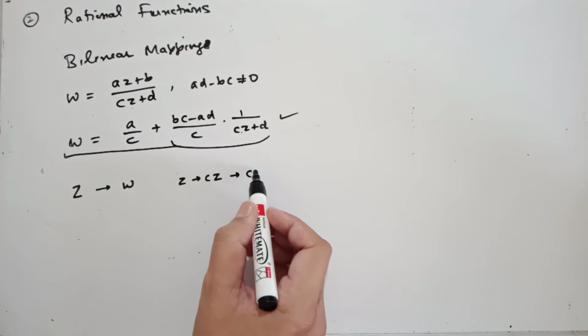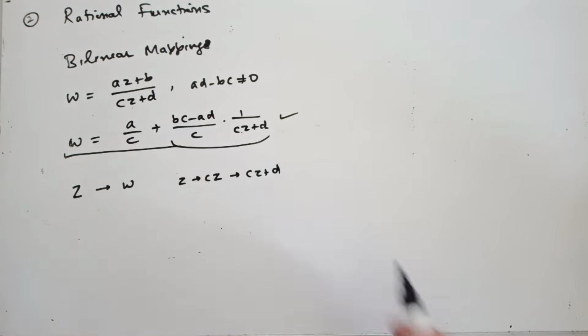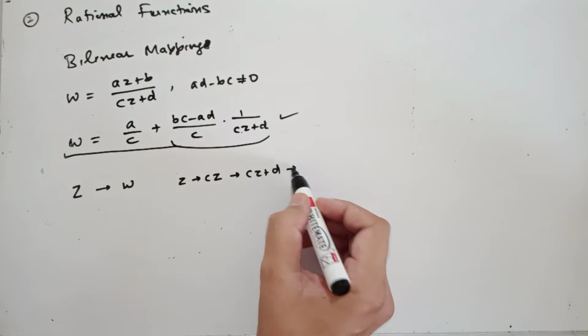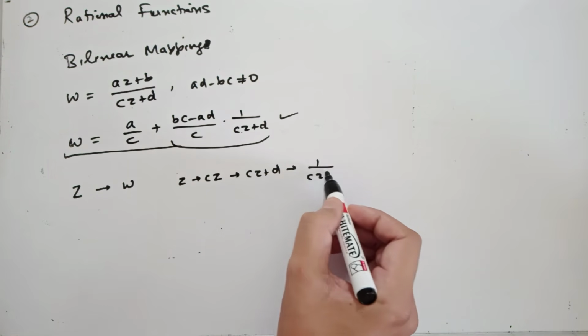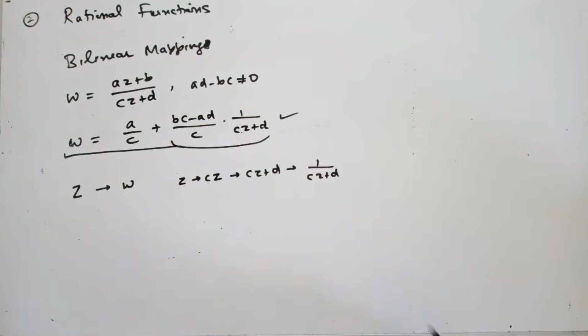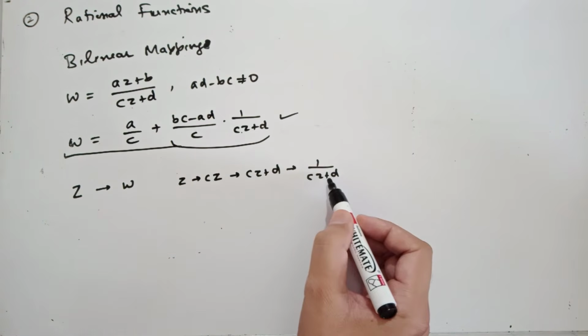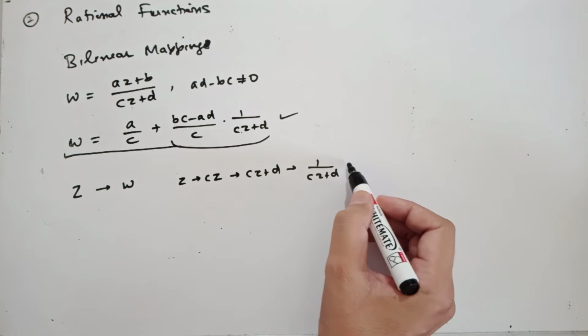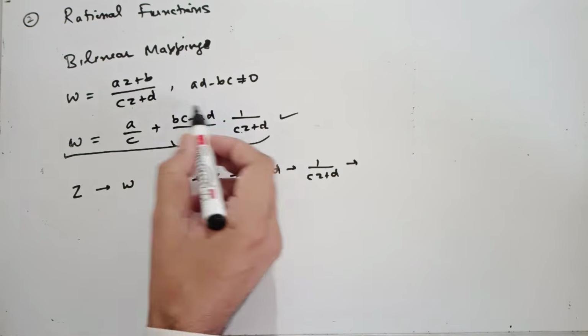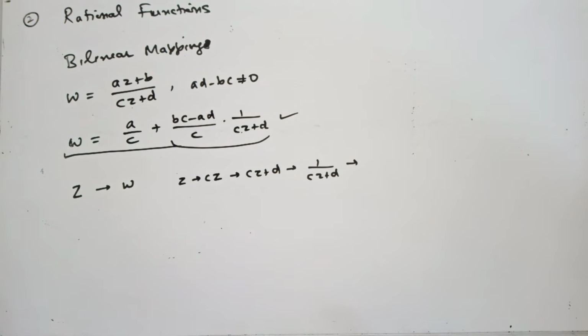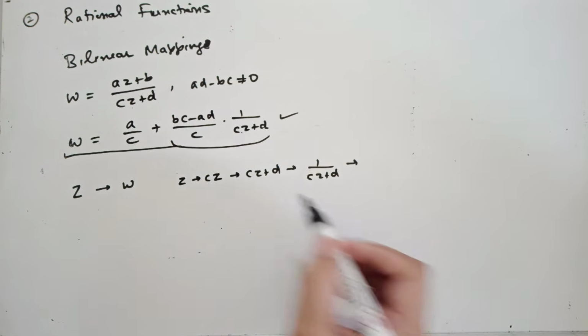CZ has further gone to CZ plus D. Translation, this has gone to 1 over CZ plus D. Inversion and reflection, again it is multiplied by this constant, that means rotation and magnification or contraction.